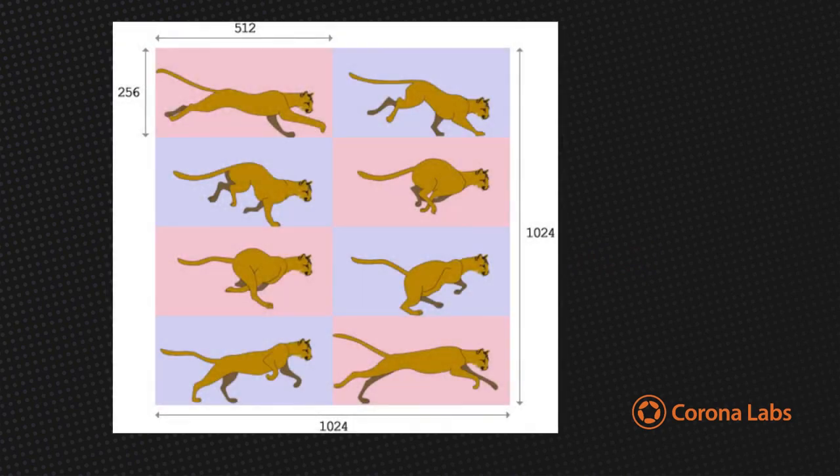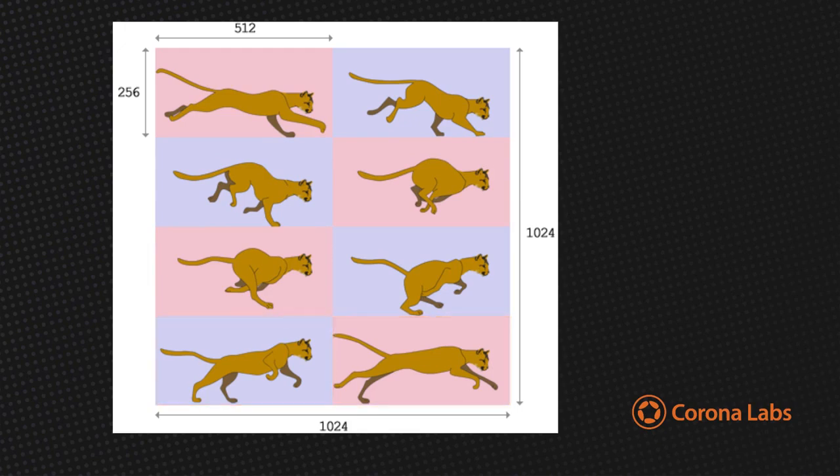To get started, let's look at an example. This image sheet of a running cat consists of 8 frames in a specifically ordered sequence. By default, the animation will begin at the top left frame, proceed to the next frame to its right, wrap to the next row when it reaches the end of the current row, and finally stop or repeat when the entire sequence is complete.